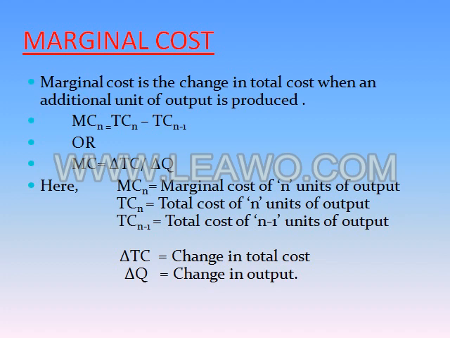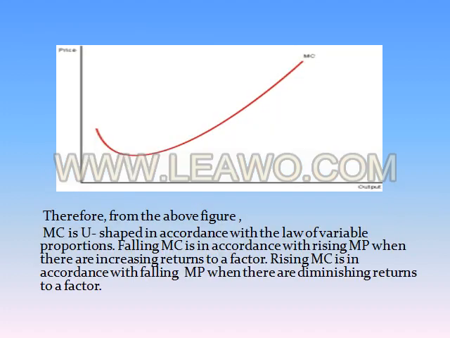Delta TC is equal to change in total cost, and delta Q is equal to change in output.